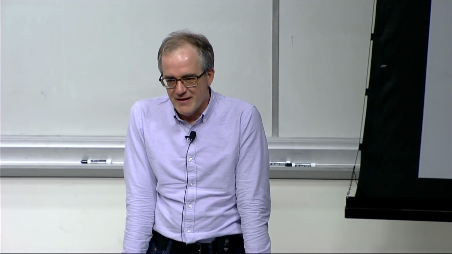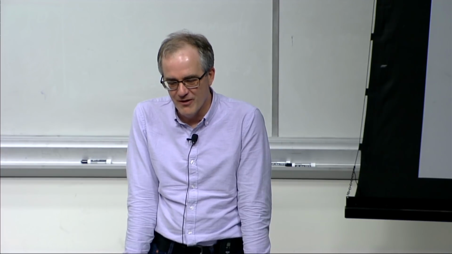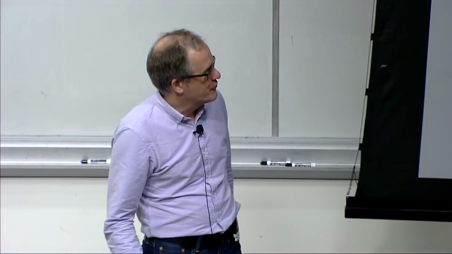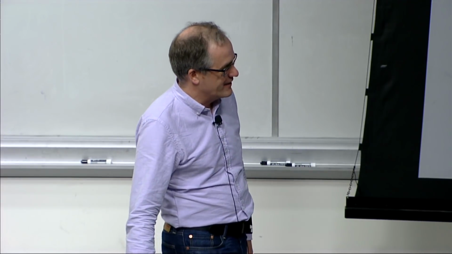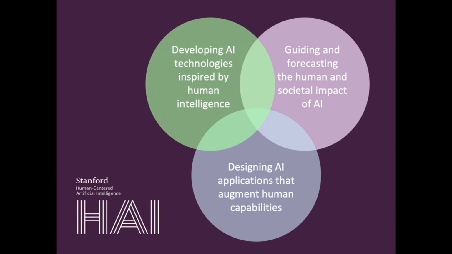So we want this institute to embrace a lot of the work of social scientists, ethicists, and other people to explore how to have an AI that's really improving human lives rather than having the opposite effect.